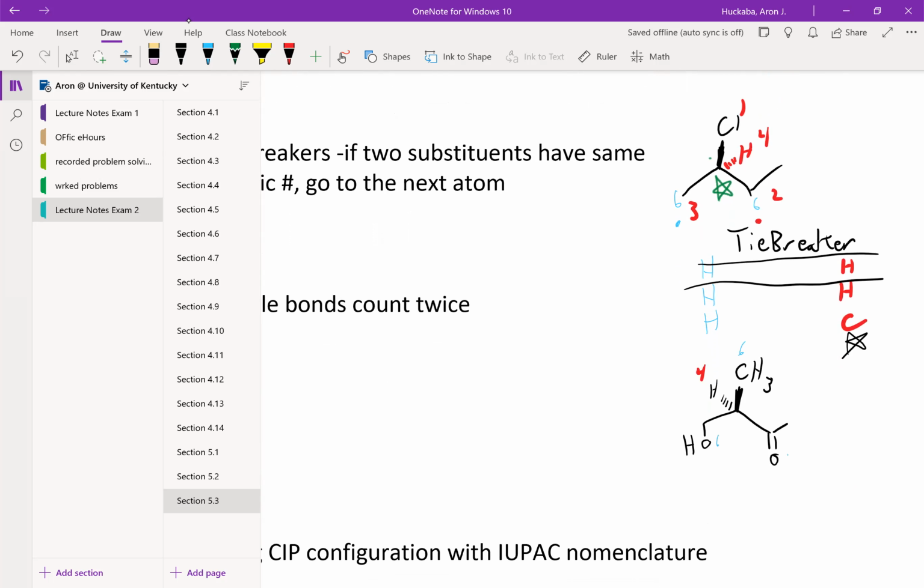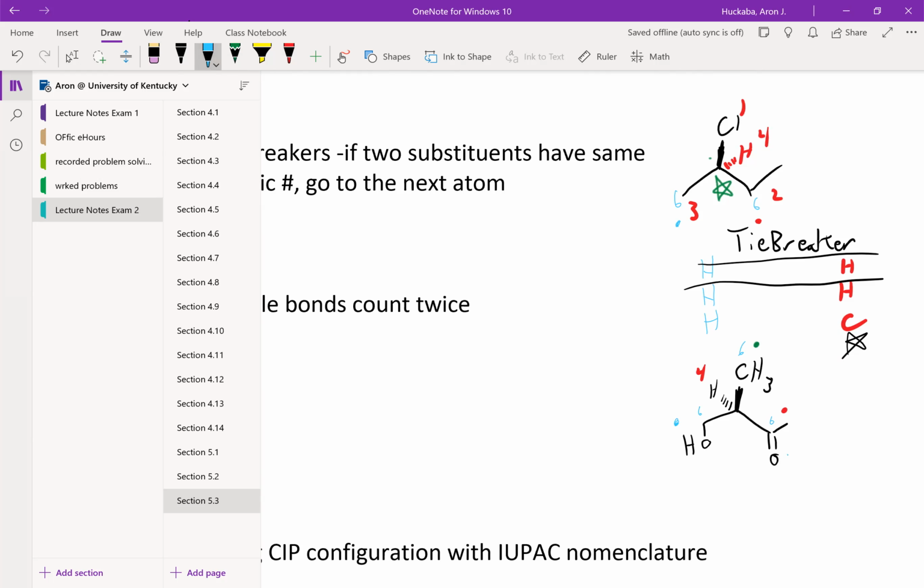Oops, sorry. So each of them needs to do a tiebreaker now. So we can do that if we just assign, let's see, the one on the left will be blue, the one in the middle will be green, the one on the right can be red.